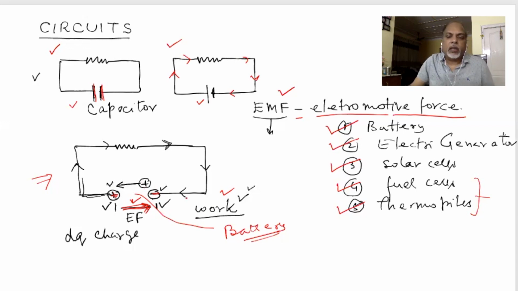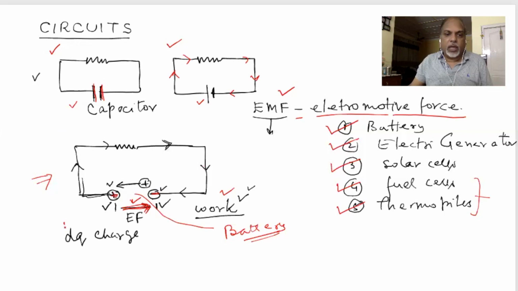Due to this work, the charge moves from the negative to the positive terminal, and then it moves around the circuit and comes back to the negative terminal again. Like that, a continuous movement is achieved, and the chemical energy is utilized in making this continuous movement happen.